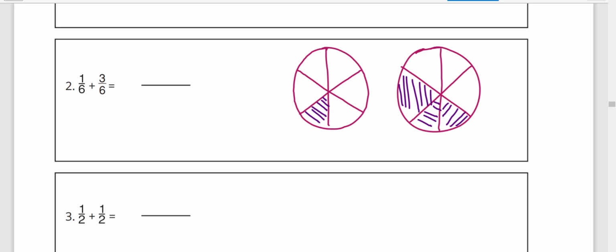And the two fractions, they write 6 in the denominator, the same number in these two fractions, and add the two numbers in the numerator. 1 plus 3 equals 4. Count all shaded parts in the two models. 1, 2, 3, 4.